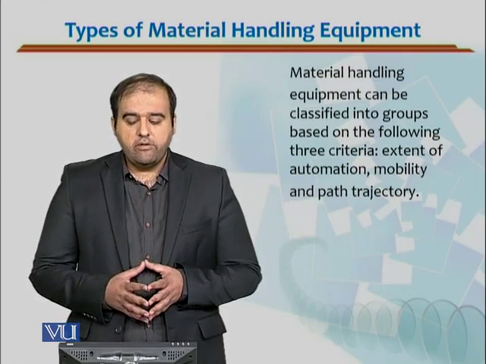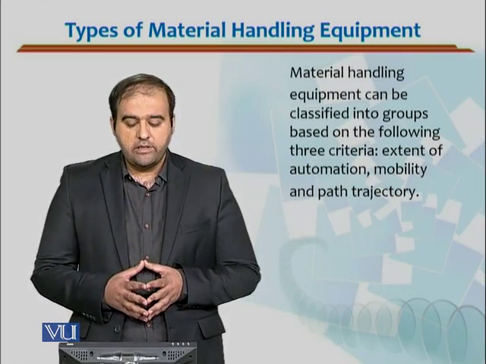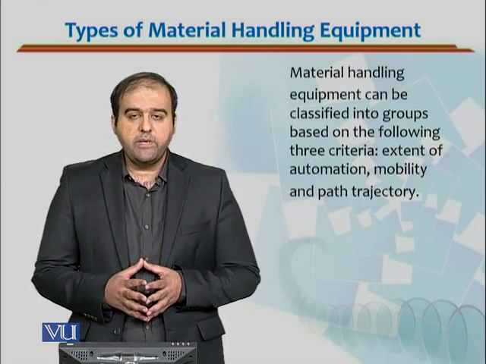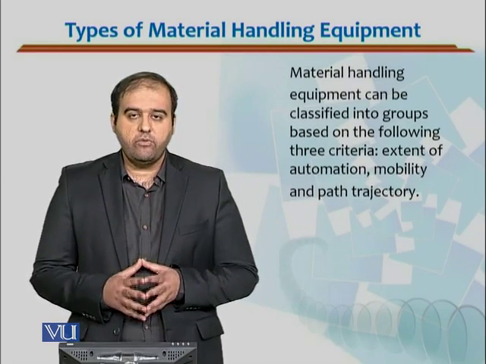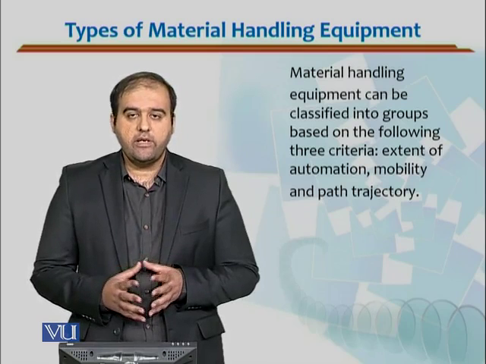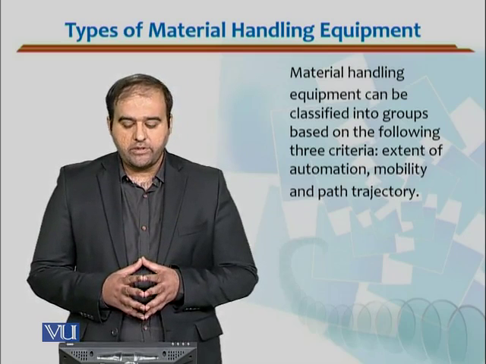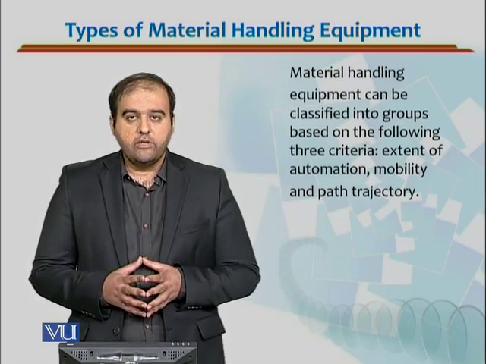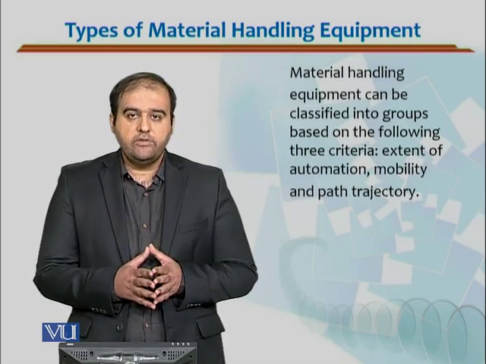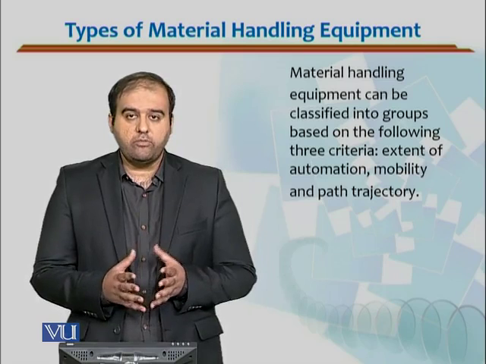Material handling equipment can be classified into groups based on the following three criteria. The first is the extent of automation, to what extent the material handling equipment is automated.